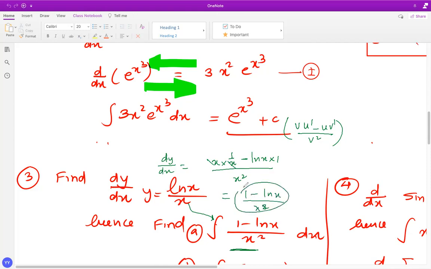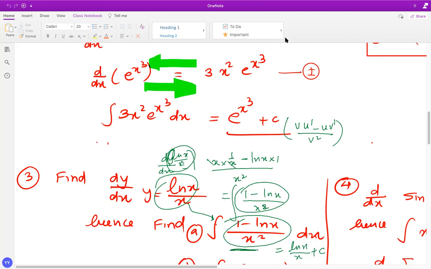The interesting part is that this is the exact same thing that I'm trying to find the integration for. Since this is the exact derivative of the function ln x over x, the integration of this function is just ln x over x plus c.